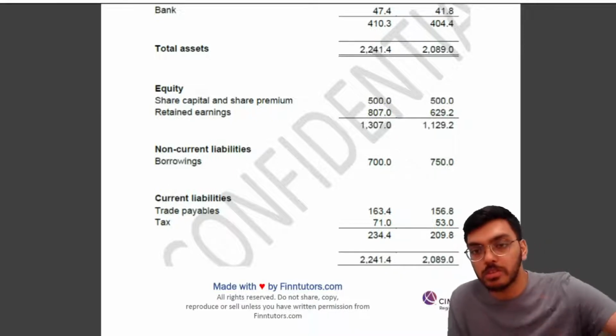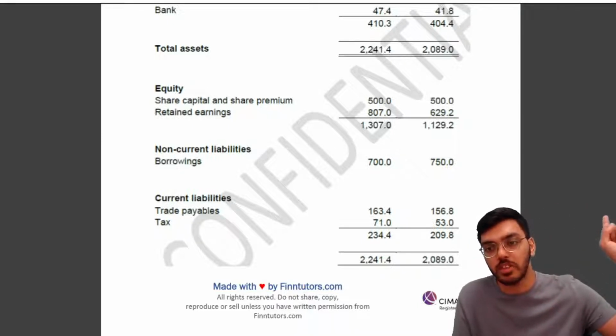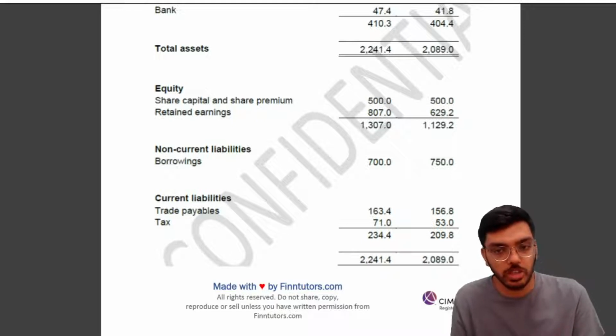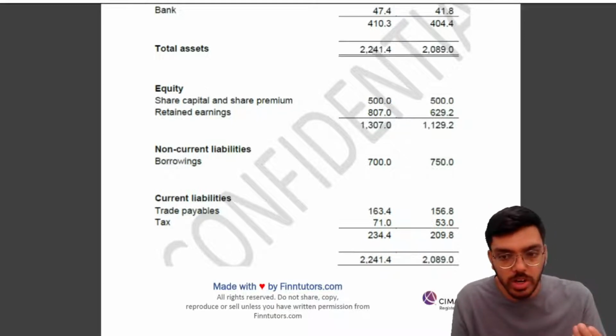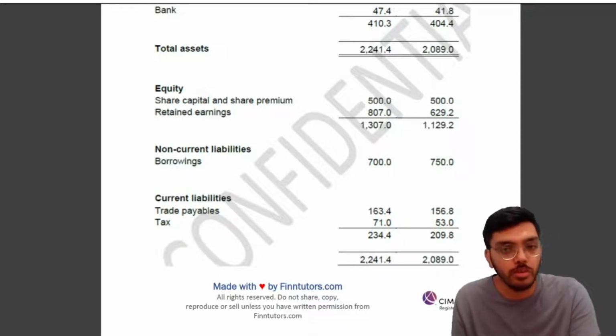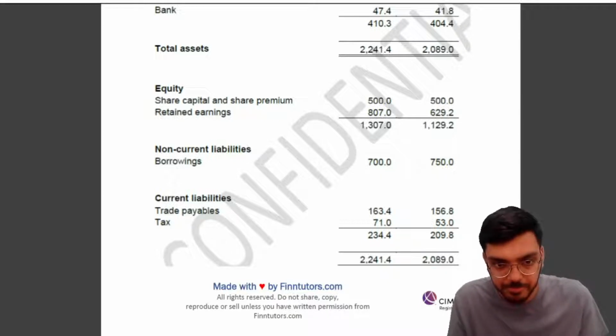Your borrowings went from 750 million to 700 million. This was evidenced in the statement of profit or loss finance costs section, because the finance costs have also gone down. We made a discussion there. This is proof that finance costs have reduced because a part of the borrowings was paid back.